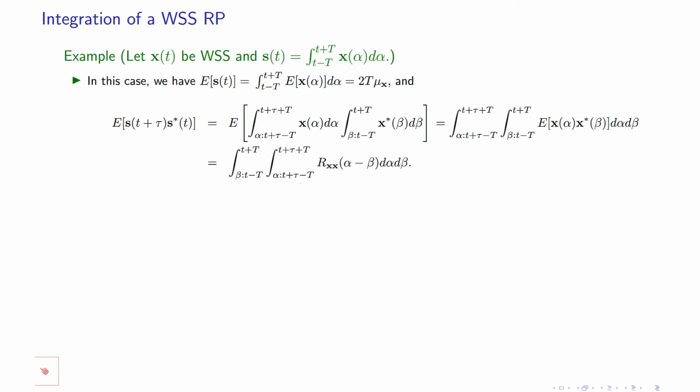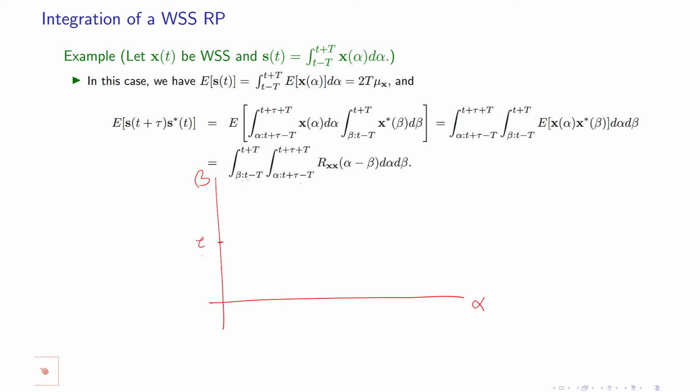I want you to pay attention and look at this graph very carefully. First of all, I'm integrating over two dummy variables, alpha and beta.